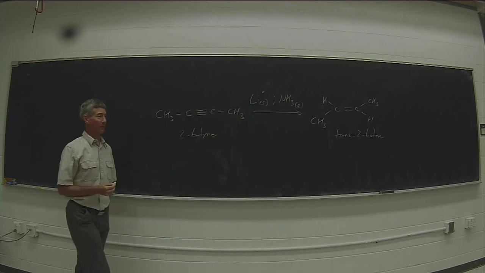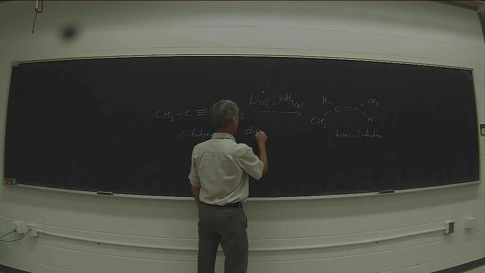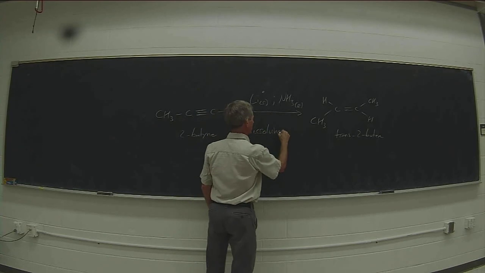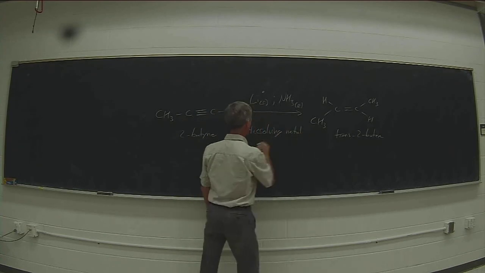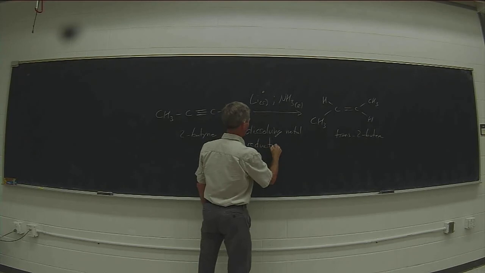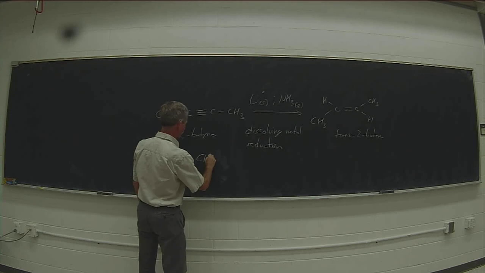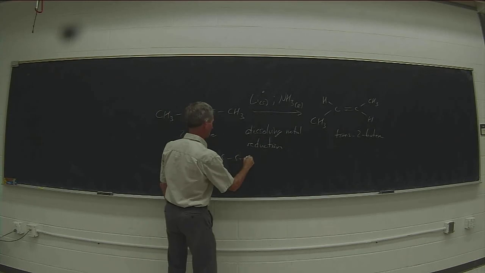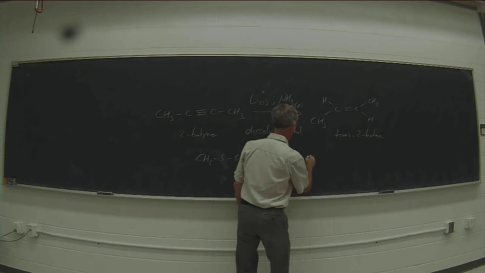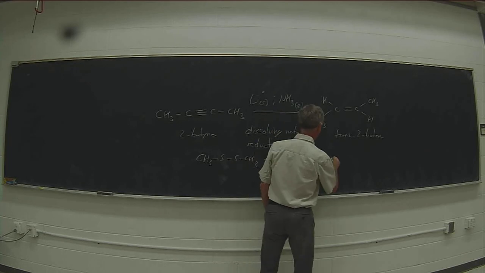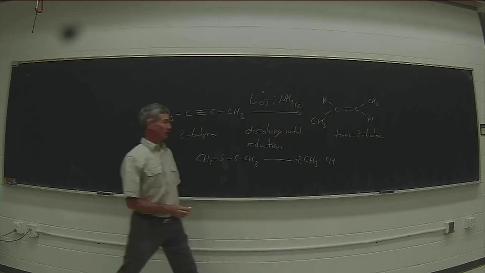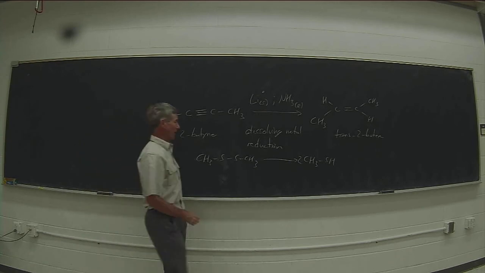This is the dissolving metal reduction, which you're familiar with. Because it's the same set of reaction conditions that we saw before that allowed us to take a disulfide and convert that disulfide back to the thiol.